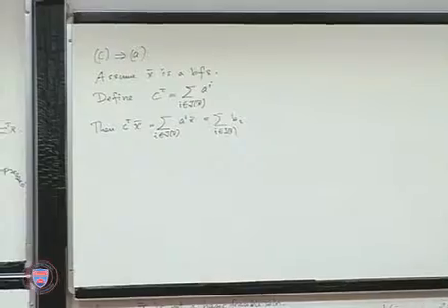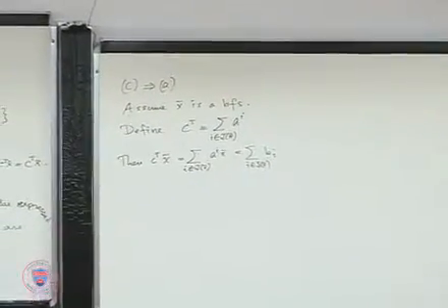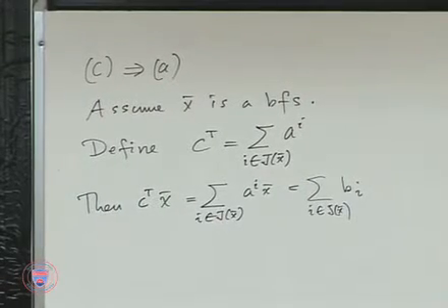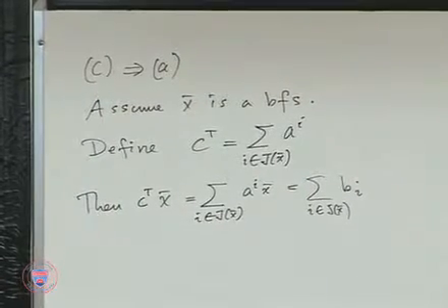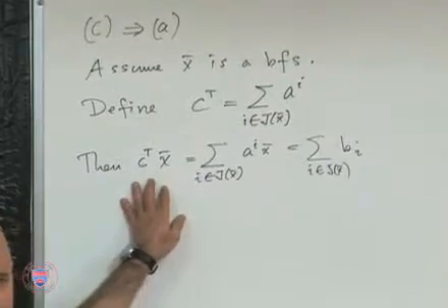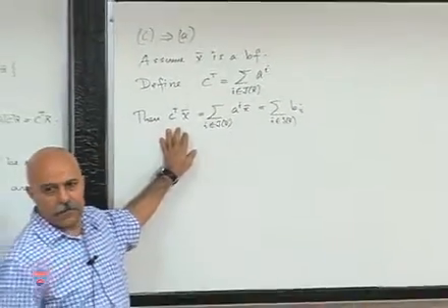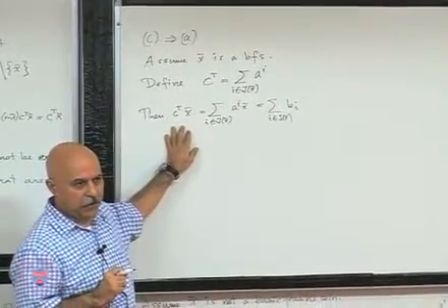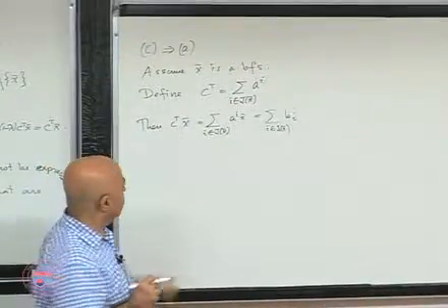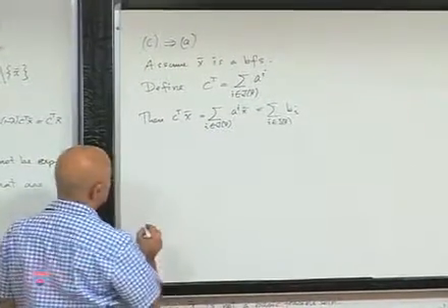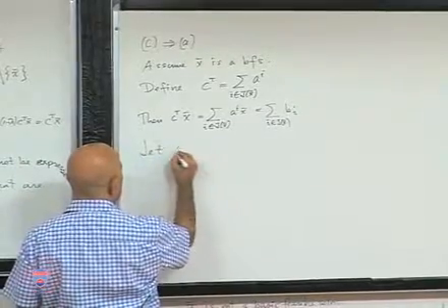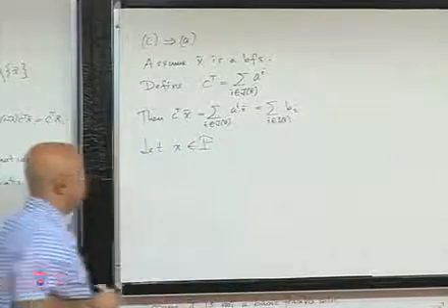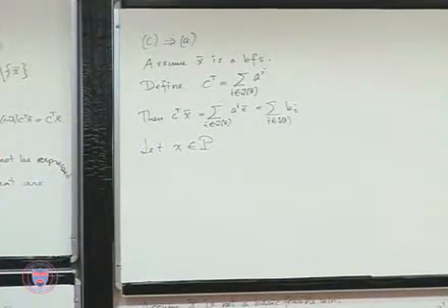Okay. And to prove that x bar is a vertex, I need to show that this number I get for c transpose x bar is strictly less than c transpose x for any other x in the polyhedral set. So let's pick a point x in the polyhedral set and see what happens.